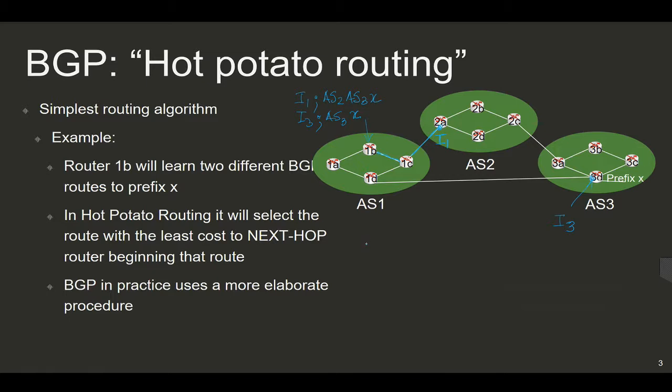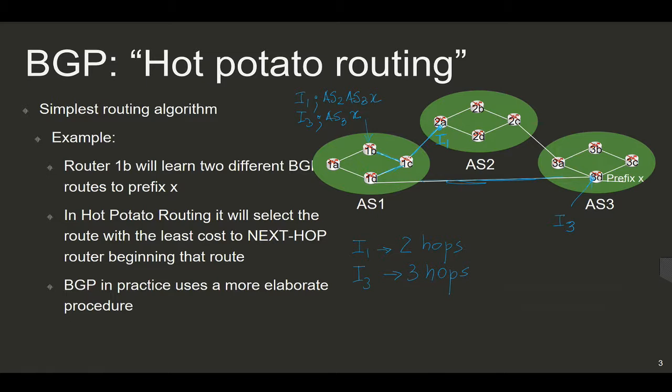So if we're talking about reaching interface number 1, it has a cost of 2 hops. But if we're talking about reaching interface number 3, it has a cost of 1, 2, and 3 hops, assuming that the least cost path is computed as the number of hops between routers.